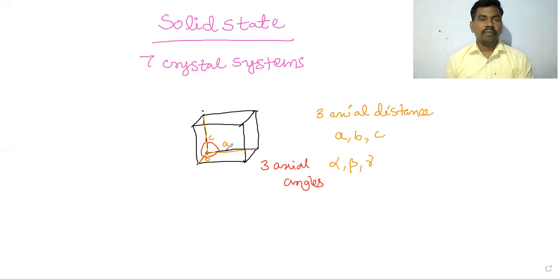So you remember A, B, C, alpha, beta, gamma. These are the angles and these are the axial distances.